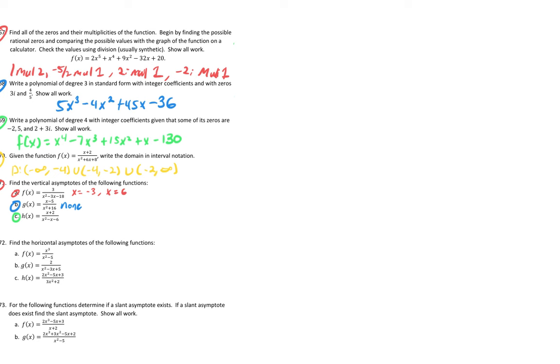So C, x plus 2 over x squared minus x minus 6. So this one, we're going to have to be careful and check to make sure that the numerator and the denominator don't have similar factors.